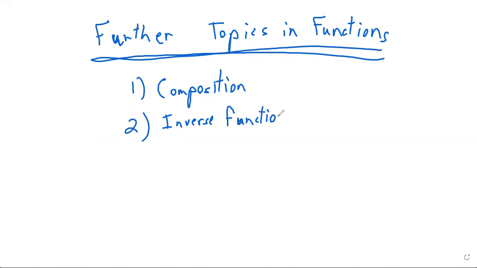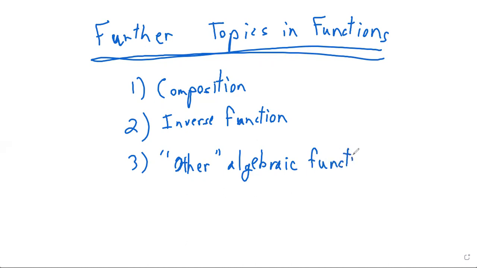Inverse of a function is a function. And then finally, part 3, we'll call it other algebraic functions. We'll talk about what that means when they say algebraic functions versus other kinds of functions. I'll give you some kind of an intuition about that. Anyway, here's the big 3, and we'll try to be quick about these.